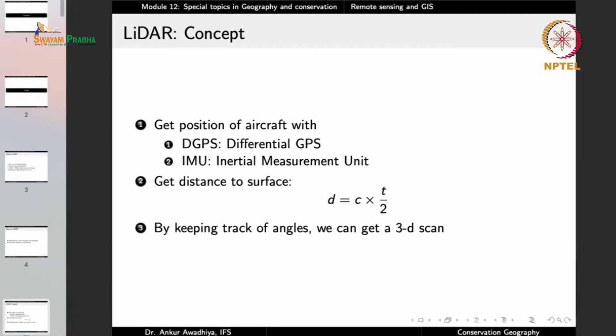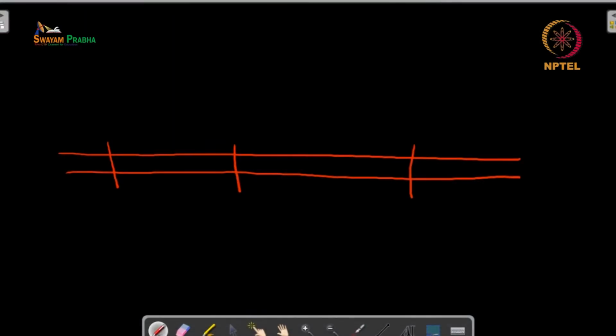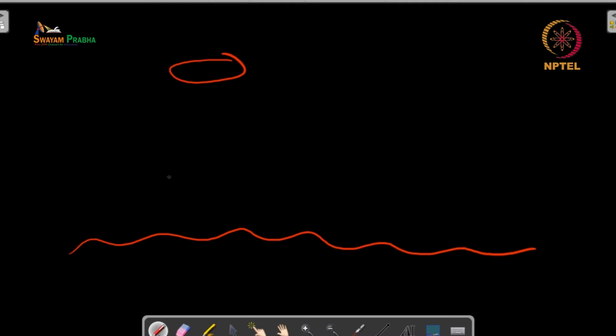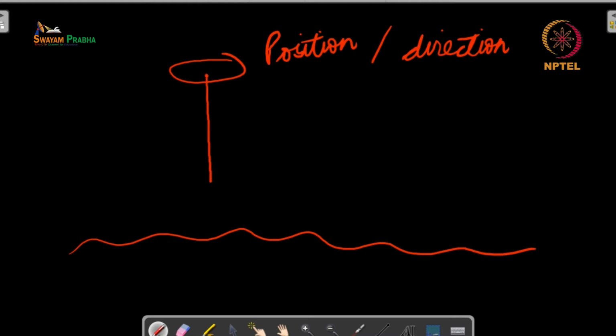Now, what is the concept of LiDAR? The concept of LiDAR has got to do with three things. You have an aircraft, and if you want to have information about the ground surface, you need a mechanism to find out the position of the aircraft. So once you know the position and say the direction or the tilt etc. of the aircraft, then you can figure out what is the position and direction in which the laser beam will be generated.